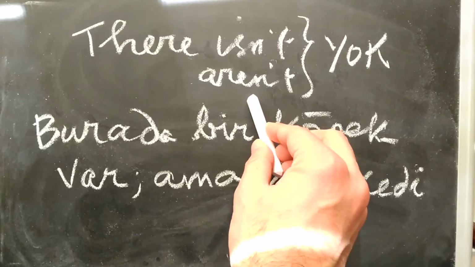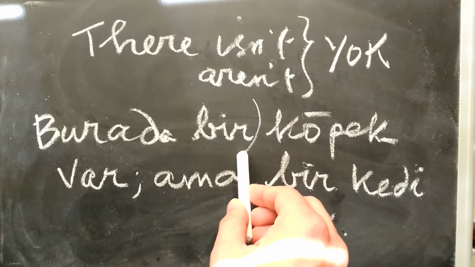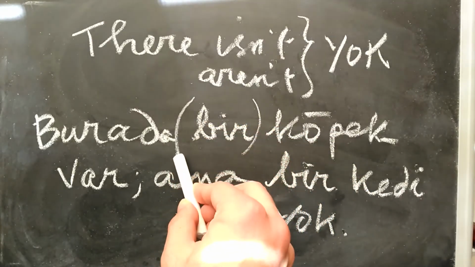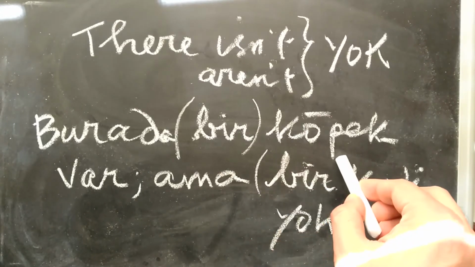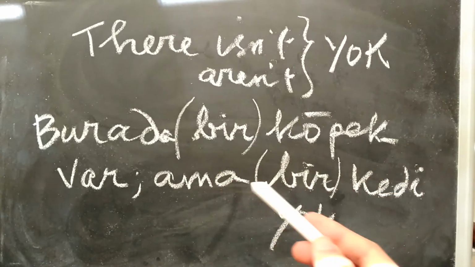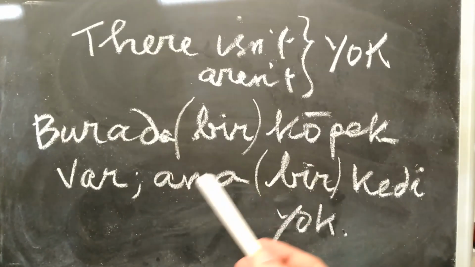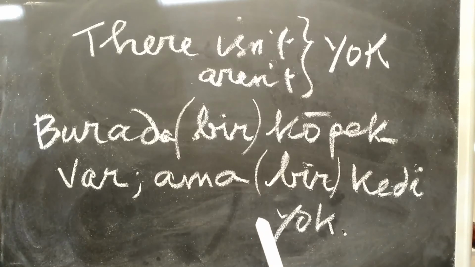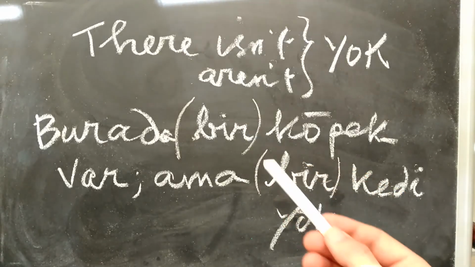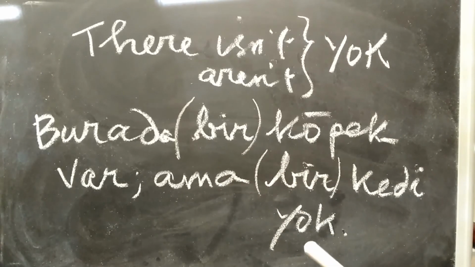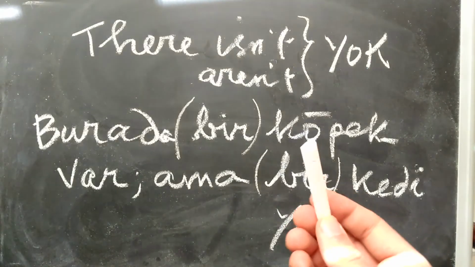By the way, you have to use a dog, a cat in English, but you don't have to use bir in Turkish. So you can also say, burada köpek var, ama kedi yok. Okay? So it's the same sentence, just without the bir. It's optional in Turkish. For example, you can say, there's a house over there without the a in Turkish.